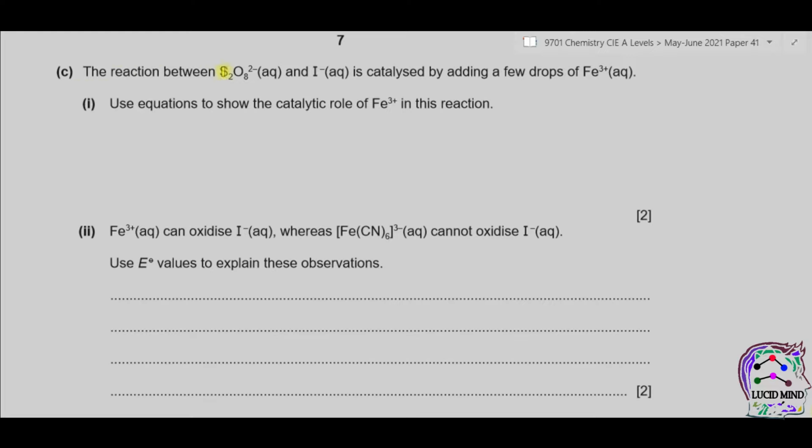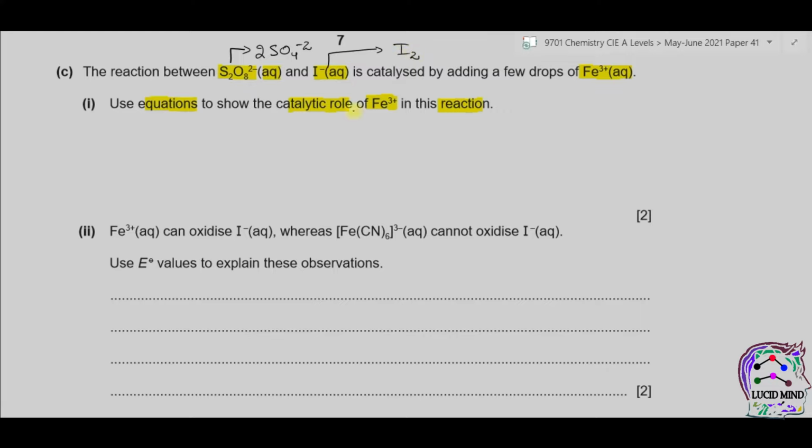Part C, the reaction between S2O8 2- aqueous and iodide aqueous is catalyzed by adding a few drops of iron 3 positive. Use equations to show the catalytic role of iron 3 positive in this reaction. Now what happens in this reaction is that S2O8 2- converts into 2 sulfate ions, while iodide converts into iodine.